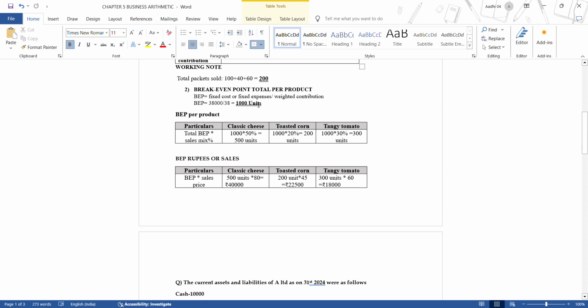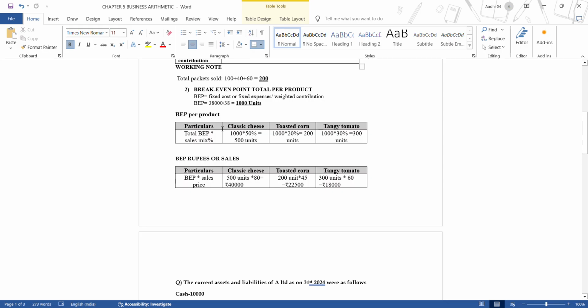Since you have got 1000 units in total, all you have to do is multiply your sales mix percentage to this unit to find how many units have been sold by each product. As I told, sales mix percentage tells us what percentage of the sales has been done for a particular product. Now the total break even point is 1000 units.